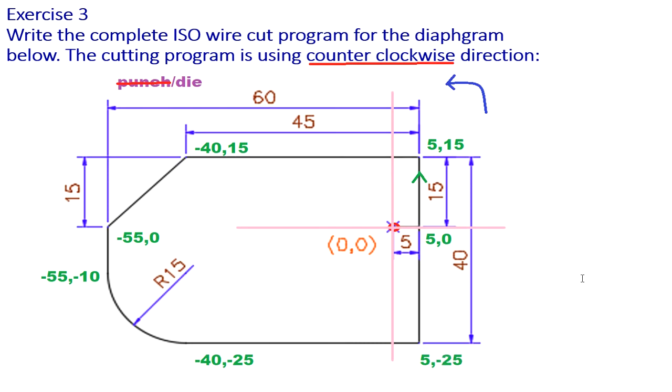And then the center for this radius. This is not using absolute. This one is using incremental. So now our 0, 0 is here.